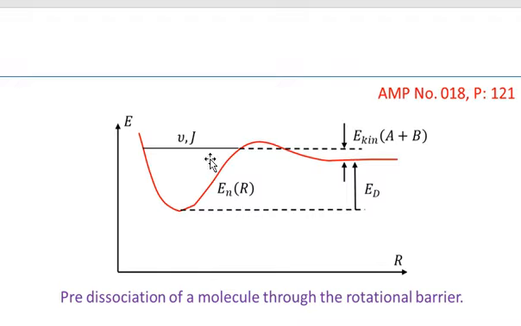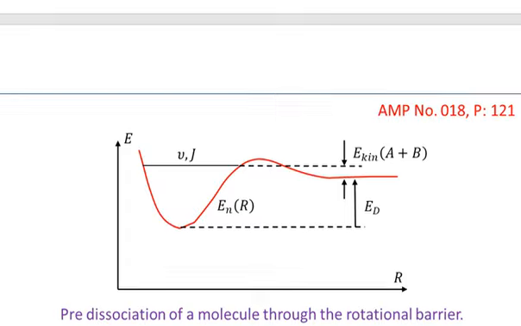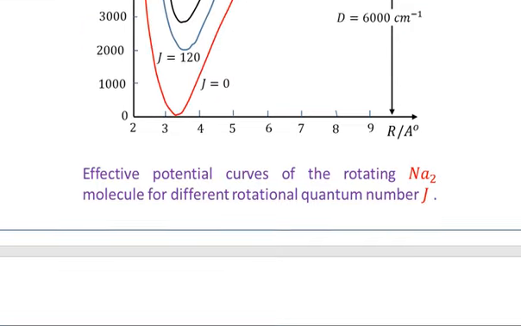If this level has to undergo dissociation, then it has to pass through the rotational barrier. The caption of this figure is pre-dissociation of a molecule through the rotational barrier. That is, the molecule has to pass through the rotational barrier if this level has to be dissociated.